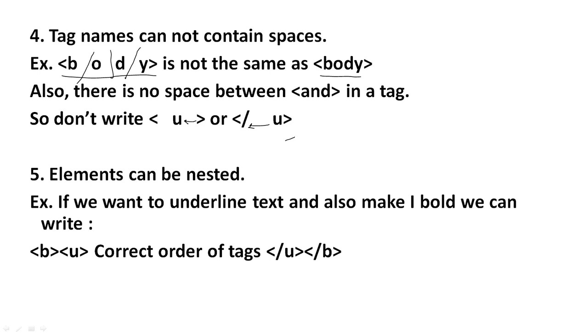Elements can be nested. If we want to underline a text and also make it bold, we can write the bold tag, then the underline tag, in the correct order of tags, then we close the underline tag and the bold tag.